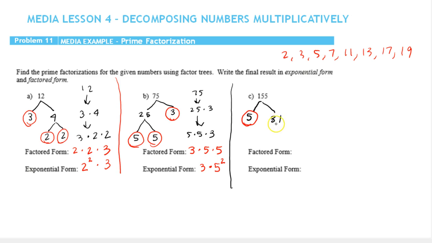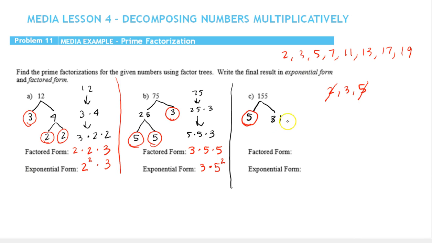So notice, since 31 is between 5 squared, which is 25, and 7 squared, which is 49, to double check to make sure it's prime, we're going to check 2, 3, and 5. Well, 31 is not even, so it's not divisible by 2. It doesn't end in 0 or 5, so it's not divisible by 5.